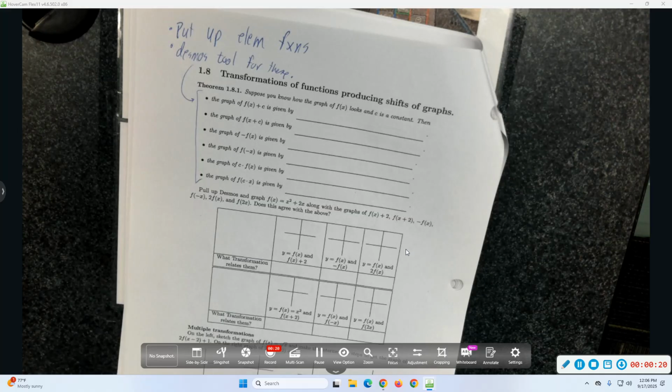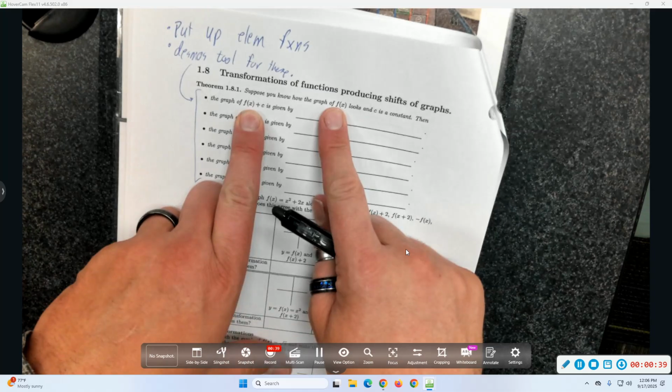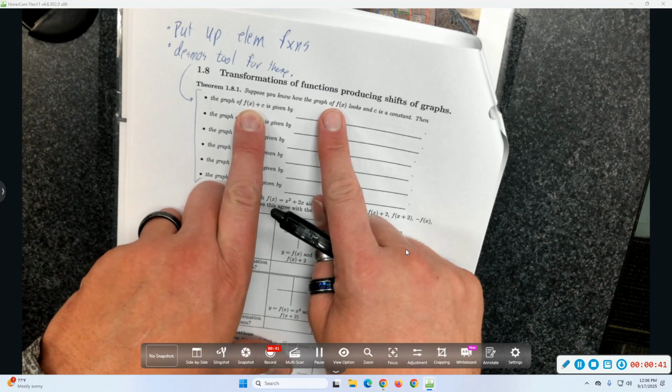So let's do some things. Let's suppose you know the graph of a function, maybe it's one of these. And see another function that's exactly that same function, but a constant has been added to the whole function. So if you know the graph of f of x, what should the graph of f of x plus c look like? Anyone have an idea?